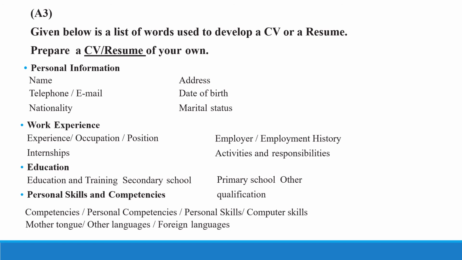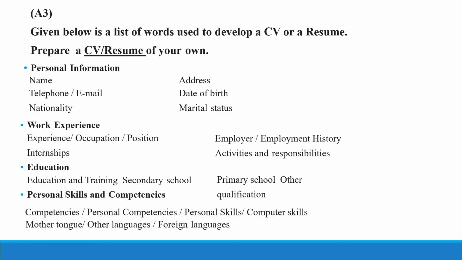The second one is work experience: experience, occupation, position, internship. If you are doing that, you have to mention it. In such a way, you have to make the resume for yourself, assuming that you are going to apply for a job.